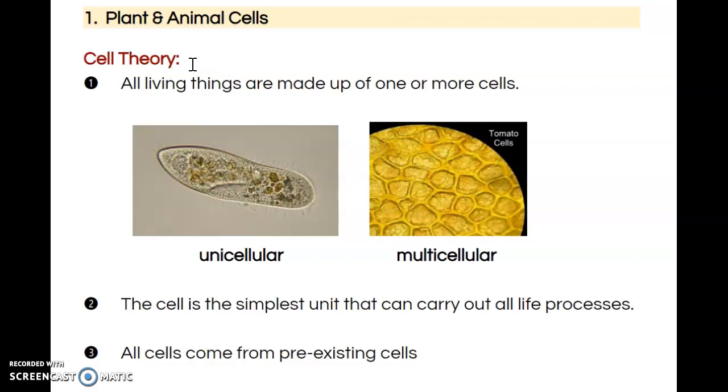Okay, the first one is all living things are made up of one or more cells. So it doesn't matter if it's a plant, a worm, a human, a bacteria cell, we're all made up of one or more cells. One cell is called unicellular, and two or more cells is called multicellular.